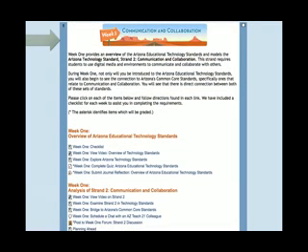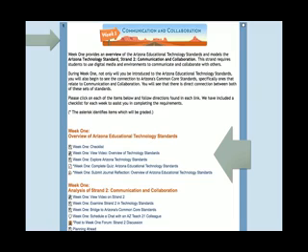Then, as week 1 gets rolling, you have probably noticed that all you do is scroll down. Week 1 begins with an overview of the educational technology standards. Each of the links here will help you navigate and move along the activities and deliverables.